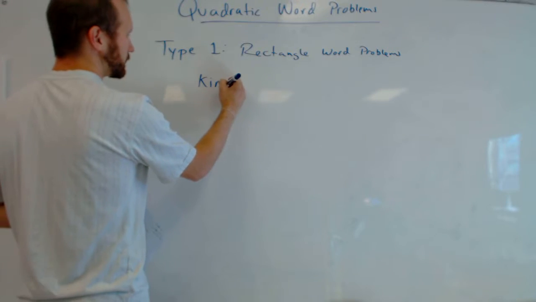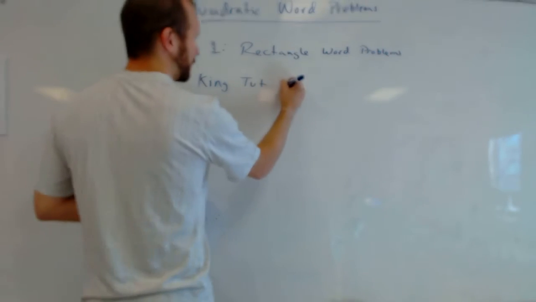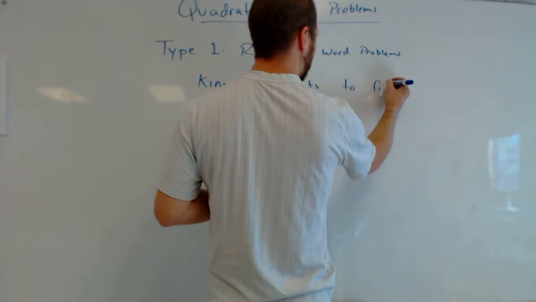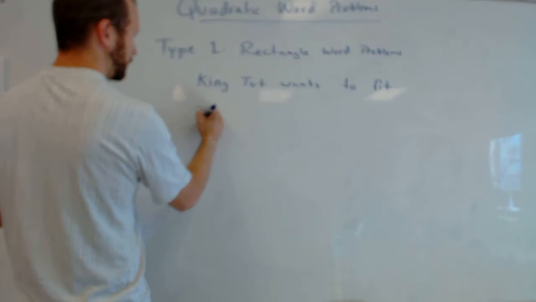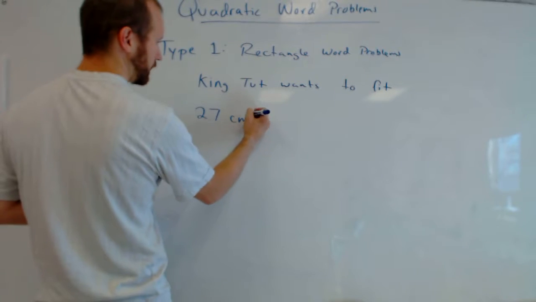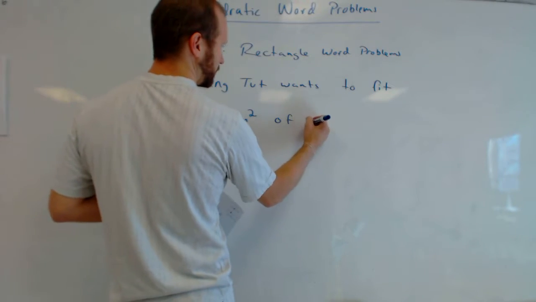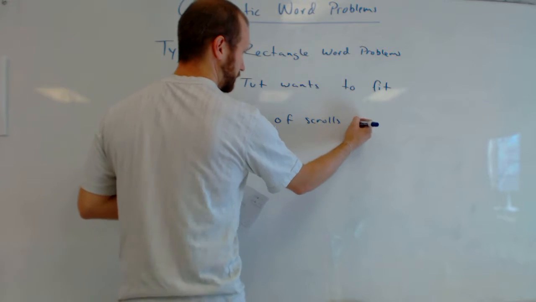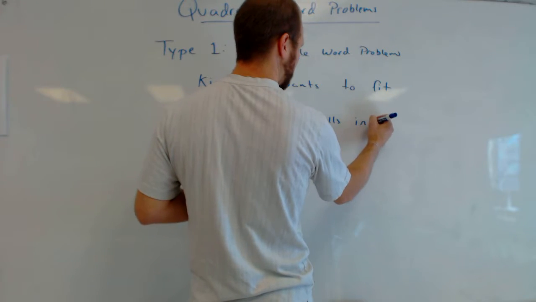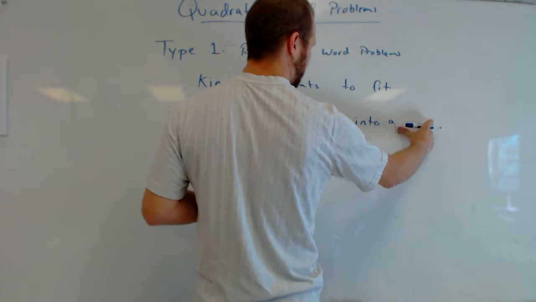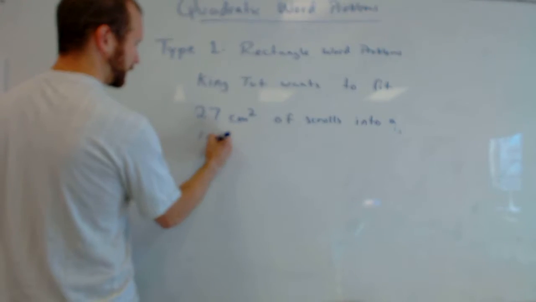King Tut wants to fit 27 square centimeters of scrolls into a shelf. And the shelf is rectangular.